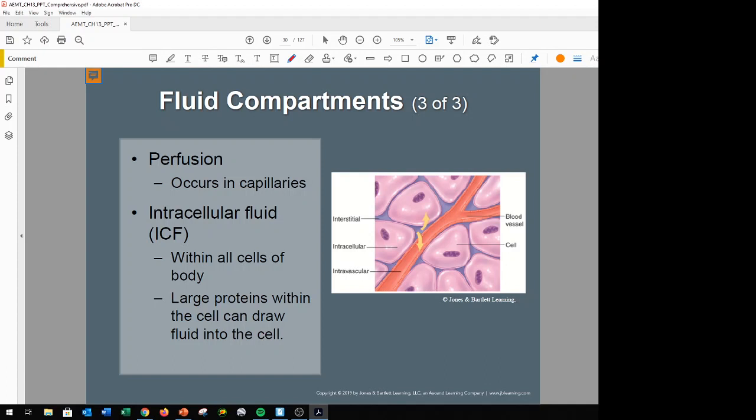Okay, I mentioned earlier about capillaries. That's where perfusion occurs. And then intracellular fluid, it's going to be within all cells. And large proteins within the cell can draw fluid into the cell.